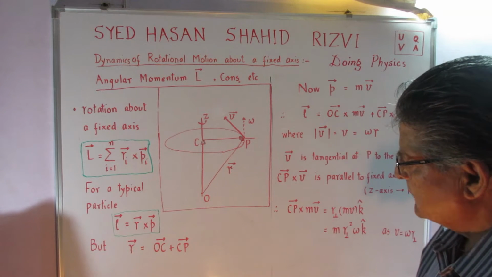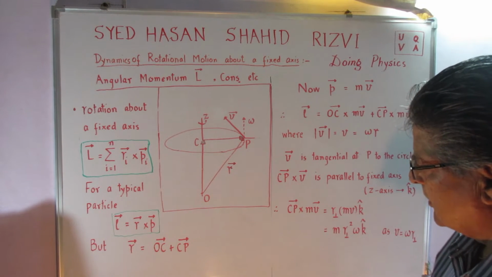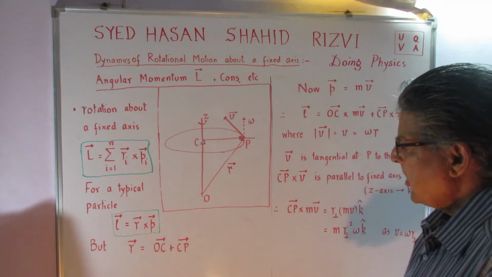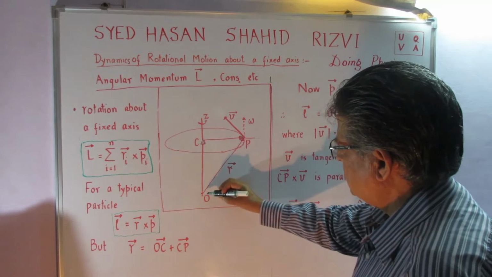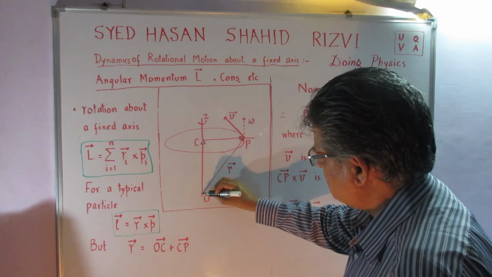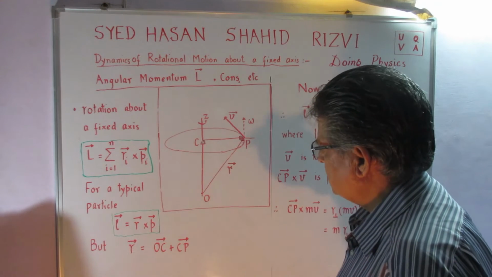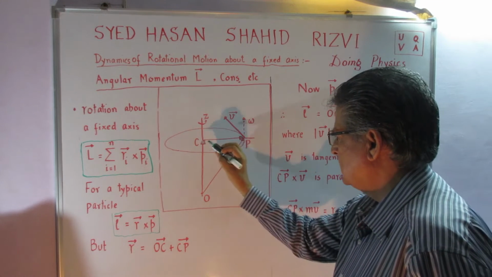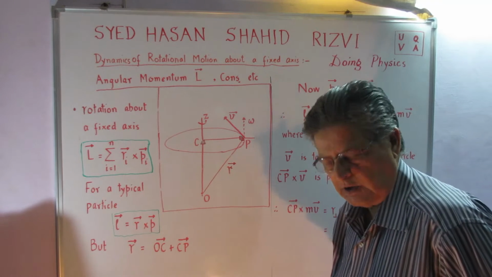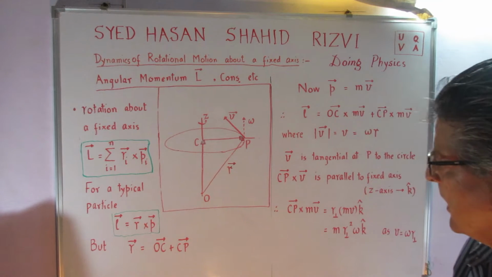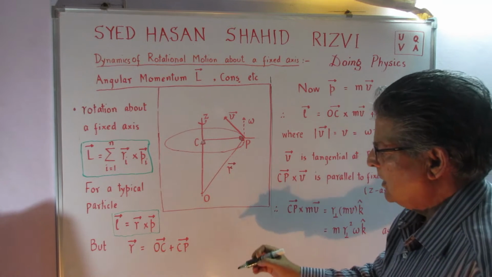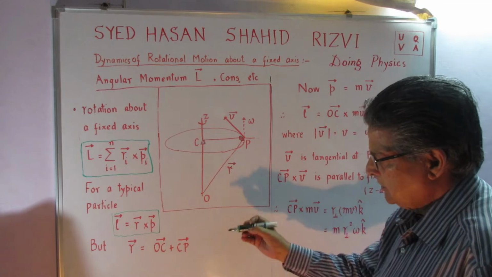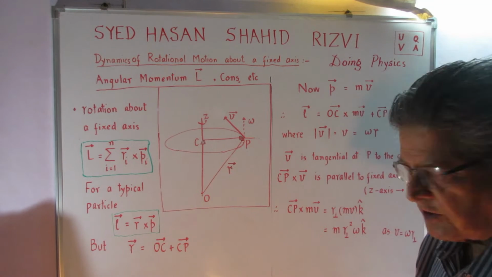This is the diagram from the last lecture, and there we can see that this vector R is the sum of two vectors. One is OC and the other is CP. They are also length vectors which make up the vector R according to the law of addition of vectors.